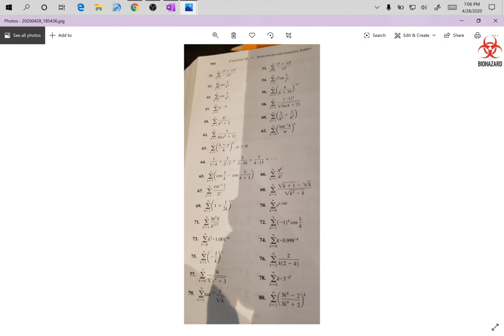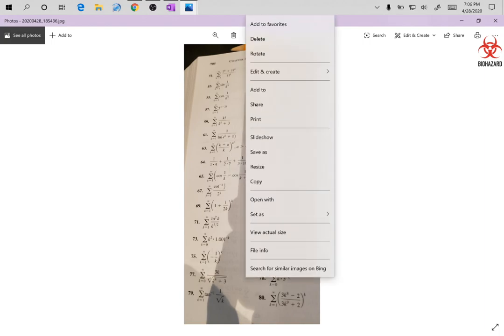Take a look at more of these. So, I'm hoping that you will try at least 20, 30 of these.